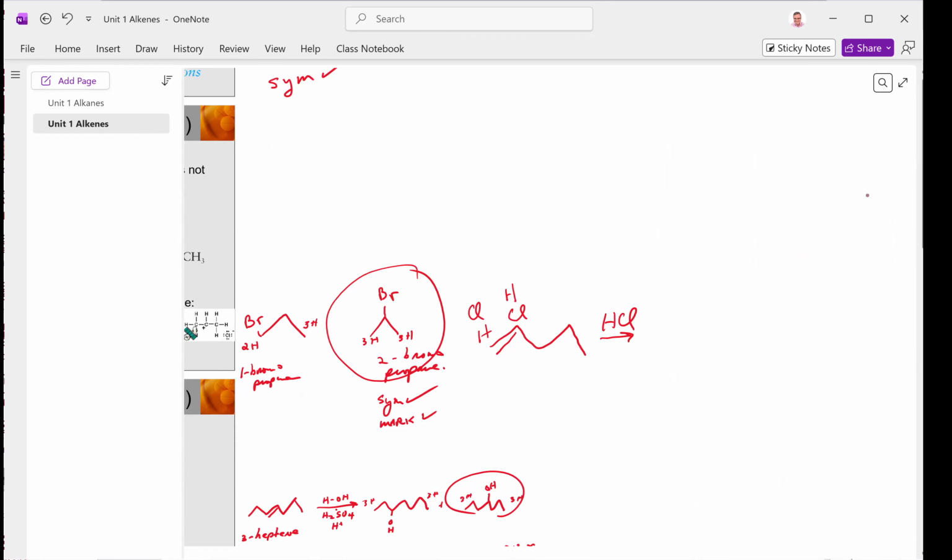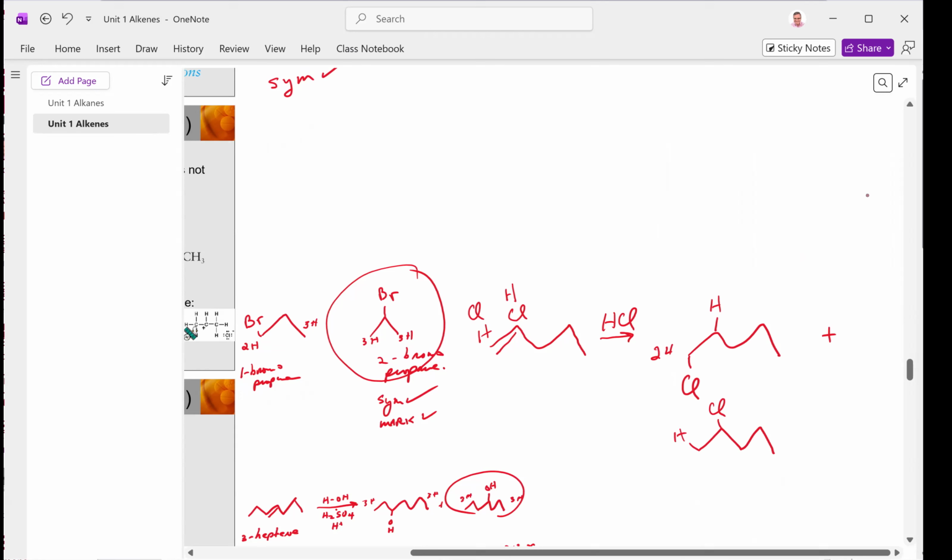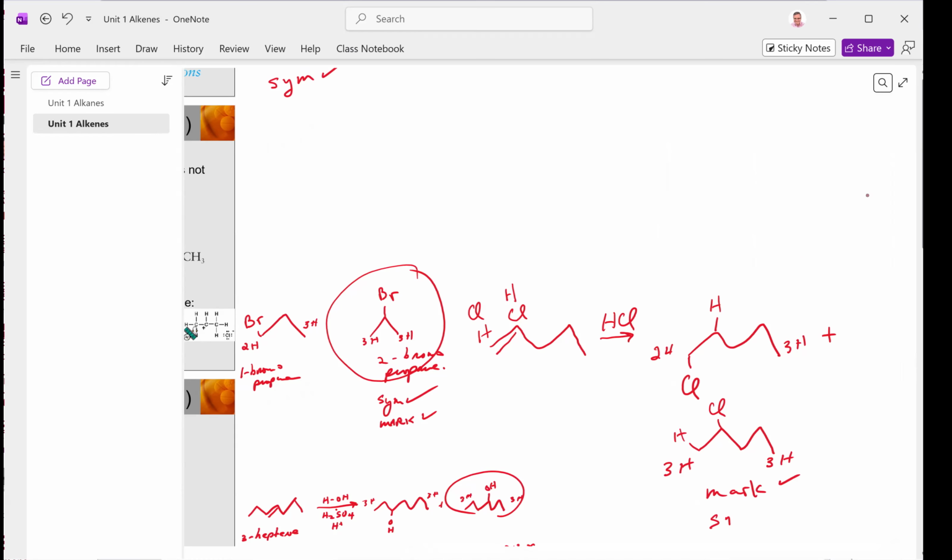So what you end up with is, for Markovnikov's, we've got 2 hydrogens, 3 hydrogens, 3 hydrogens, 3 hydrogens. So Markovnikov, it's got more terminal hydrogens. So Markovnikov says it's more stable and also it's more symmetrical.